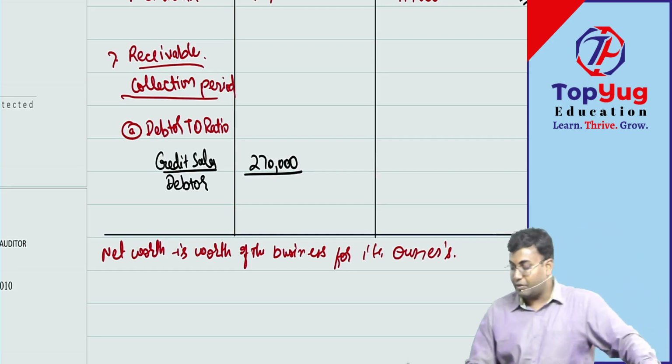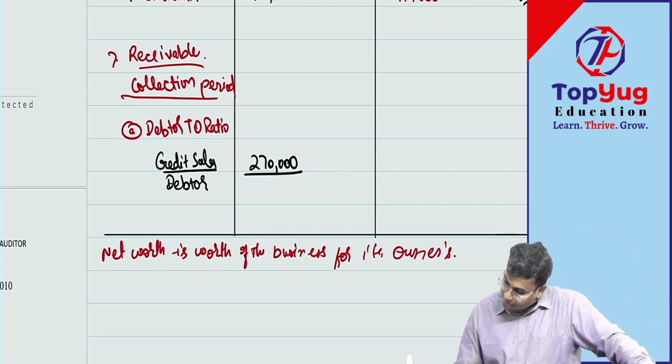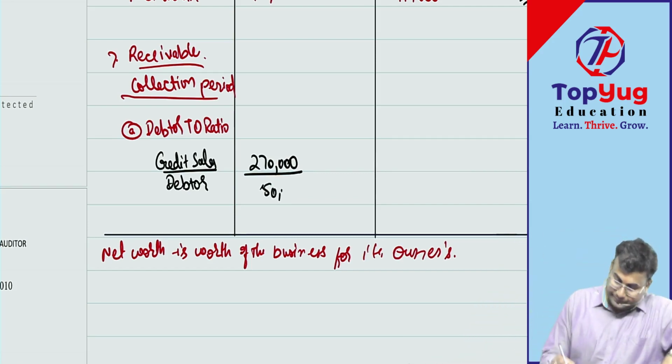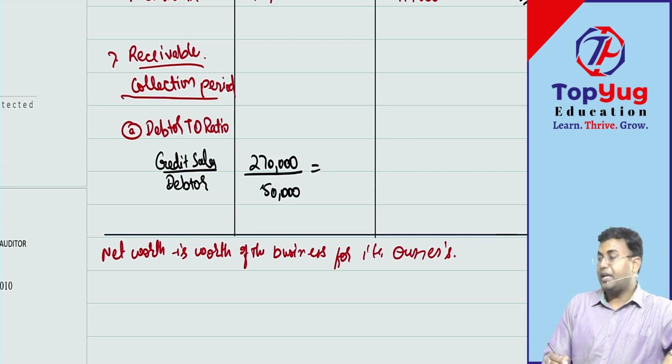Debtor is given as 50,000, I believe. First item 50,000, 82,000 for the respective years. How much would that be?